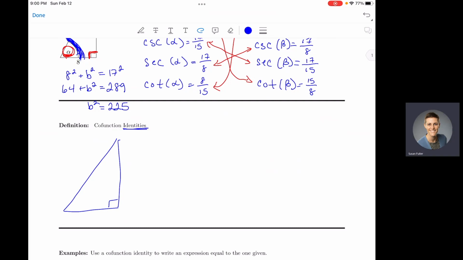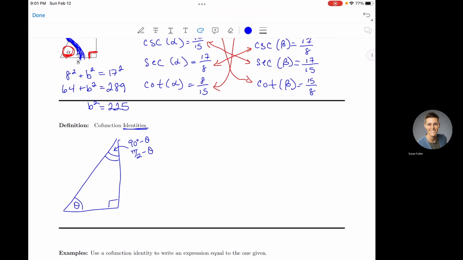It's got to be a right triangle to have trig functions. I'm going to call this angle theta, which means that this angle here must be 90 degrees minus theta or pi over 2 minus theta, depending on whether theta is in degrees or radians.